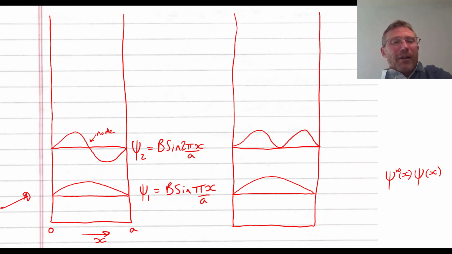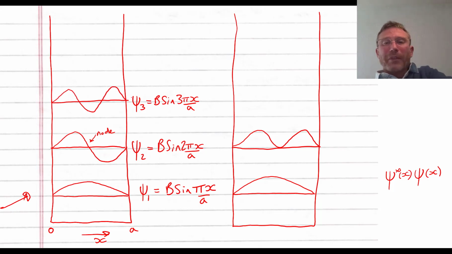Let's have a look now at psi 3 is equal to b sine 3 pi x over a. So now we've got an expression that looks something like this. What does the probability density look like? Looks like so. We can also write this, by the way, as shown.